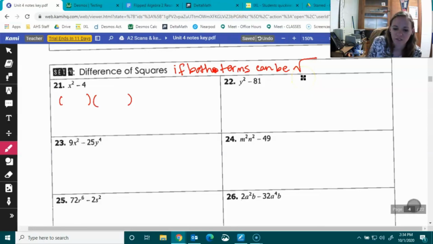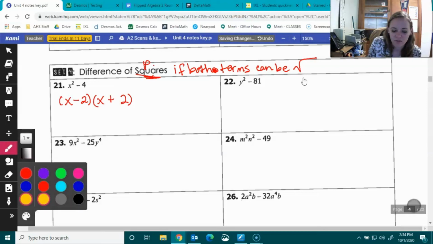In this case, x squared can be square rooted and you have x and x. And then this can also be square rooted because that's what squares are. They mean perfect squares when they say this. And that's 2 and 2. And then all you do to get this minus is you have different signs in order to get that. So that'd be negative and plus.